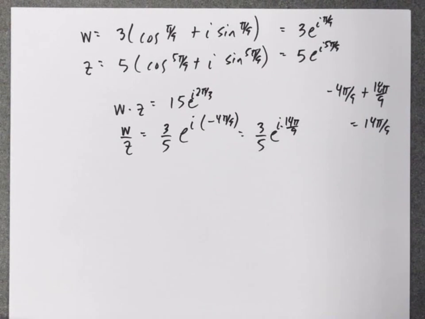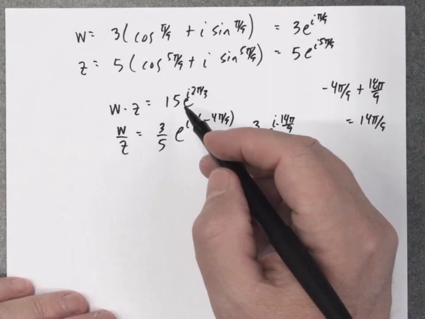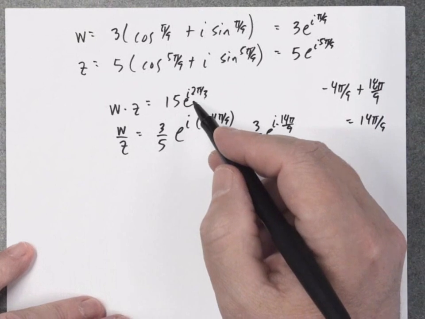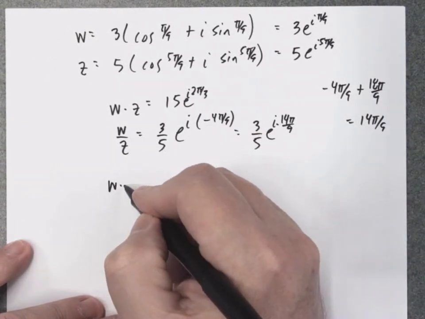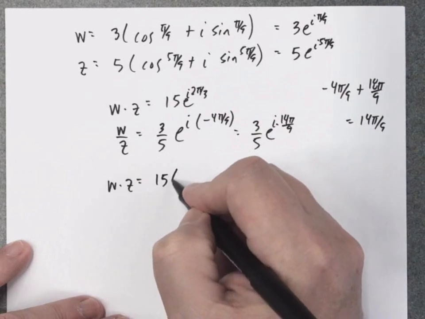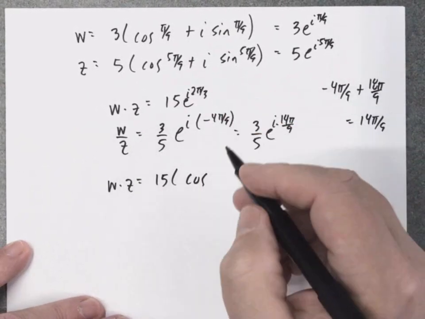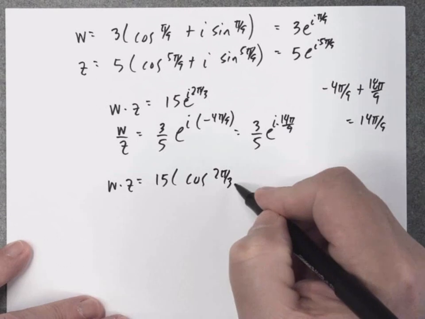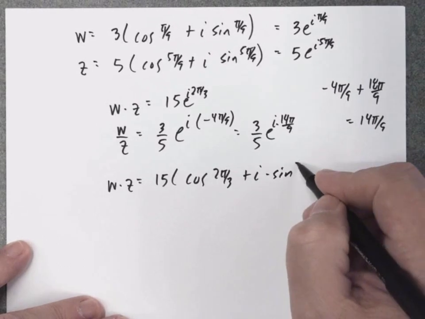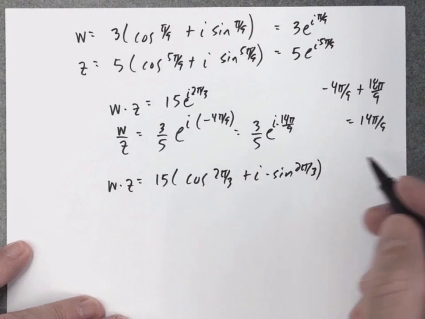Now I'll do this once, but they want the answers in exponential and also polar forms. Well, we've done this before, right? Polar form just means you write the r, you put the cosine of the angle 2 pi over 3 plus i sine 2 pi over 3, right?